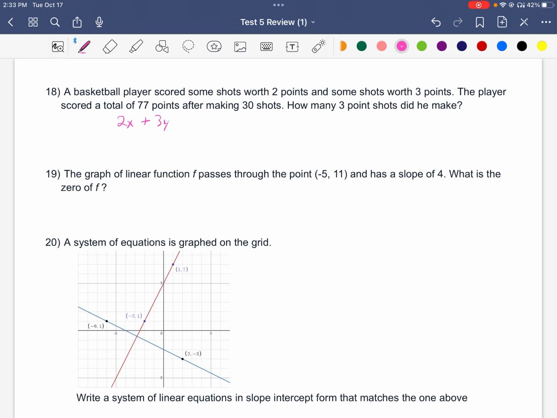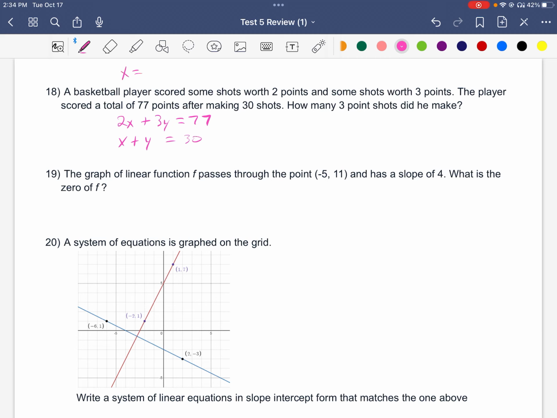I know that they scored, when I'm looking at the points, they scored a total of 77 points. And then if I'm looking at just their shots, how many shots they made, 30 shots, not including how many points whatever one's worth. So that's a system of equations. So we've got that right there.